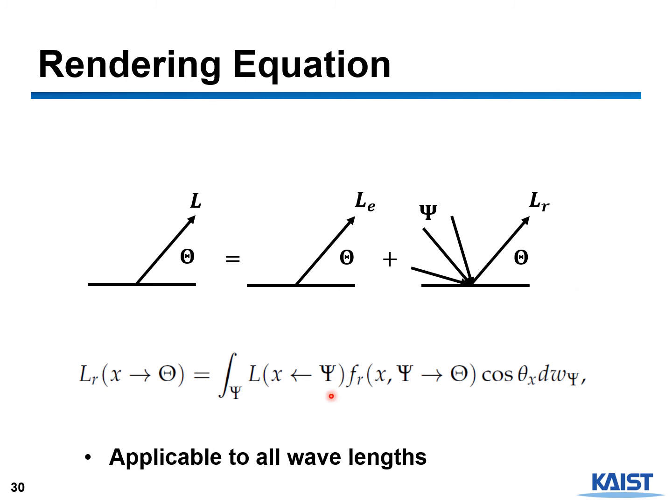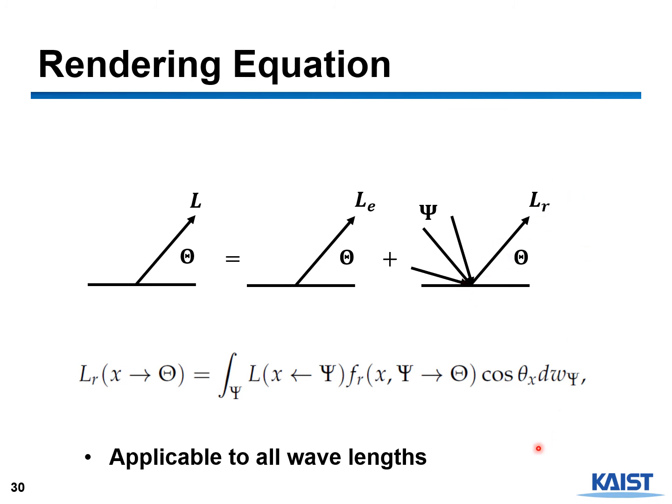Then we need to think about the incoming radiance to the point x from the direction of this psi, and then this surface may reflect some of the incoming energy. So we need to consider the BRDF here, and this surface is also oblique to the outgoing direction.